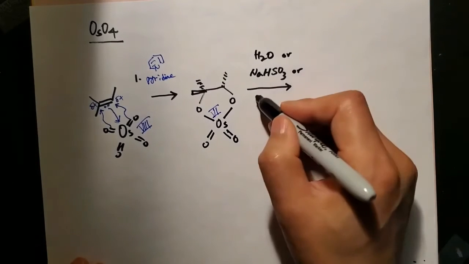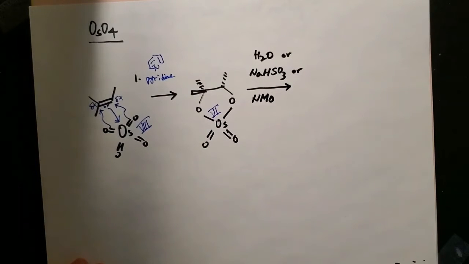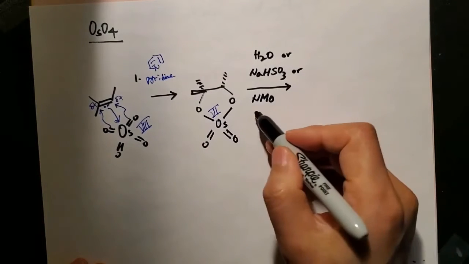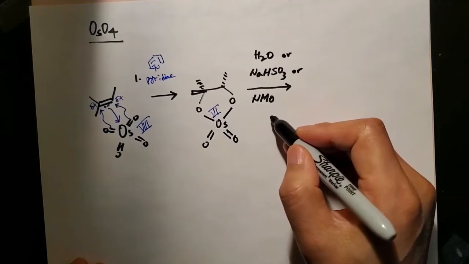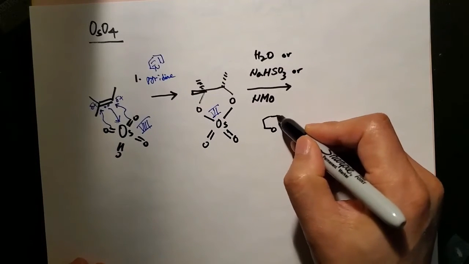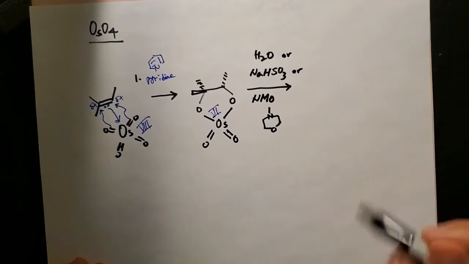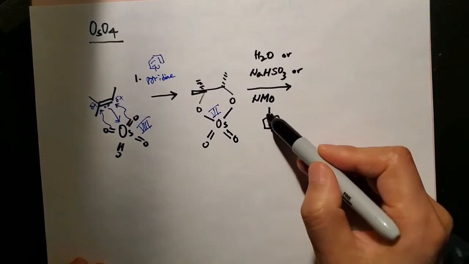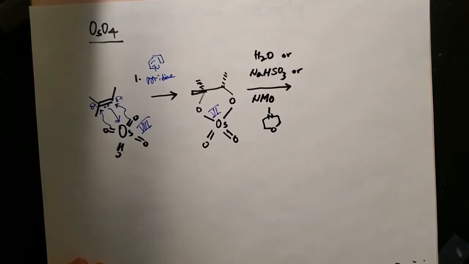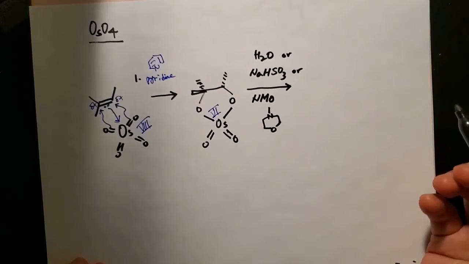Or sometimes they give you NMO. NMO represents some weird looking chemical. N-methyl, on the nitrogen you have a methyl, and this whole thing is morpholine.